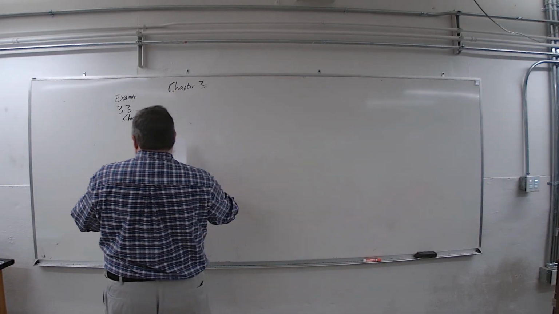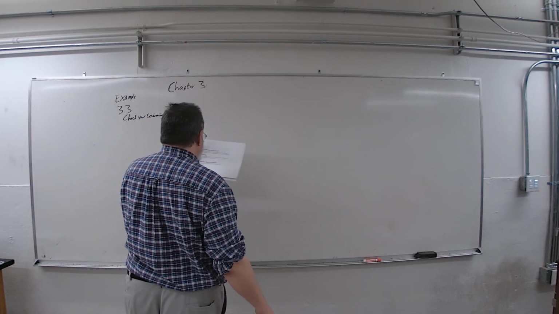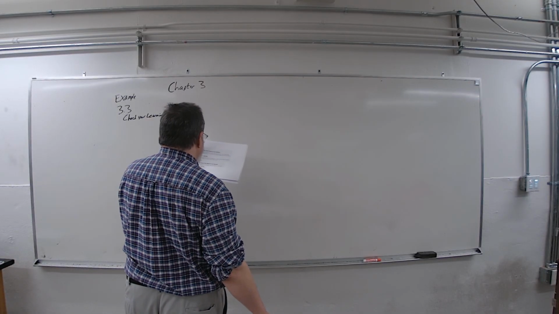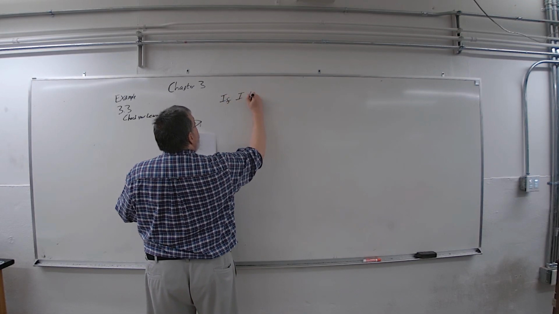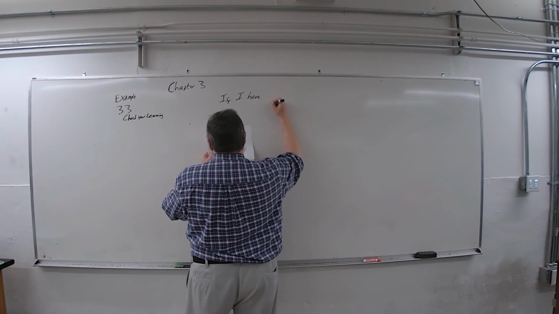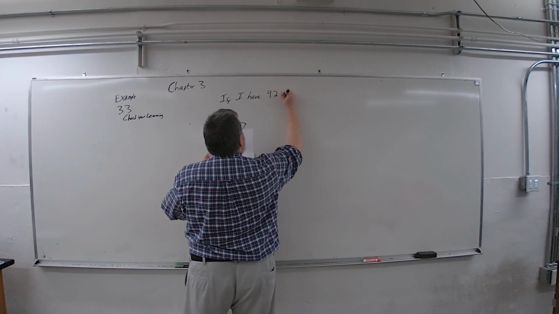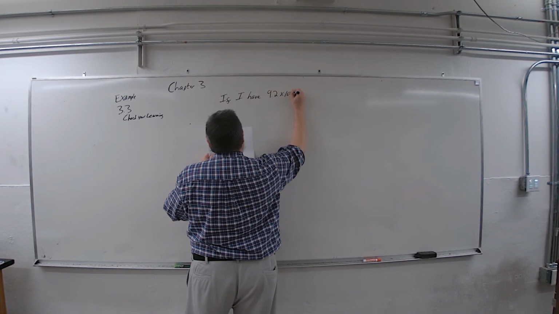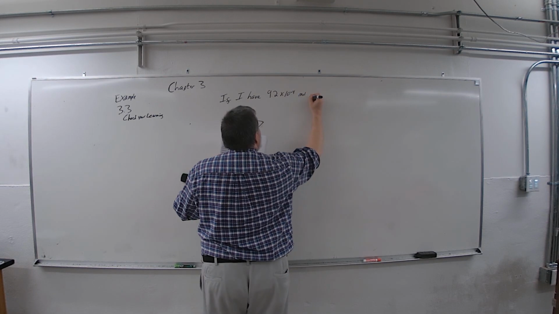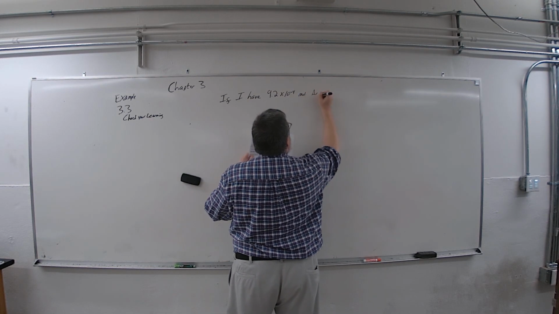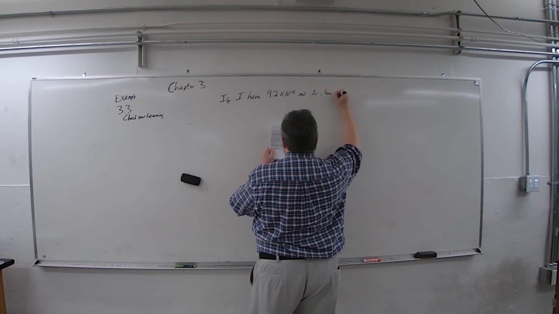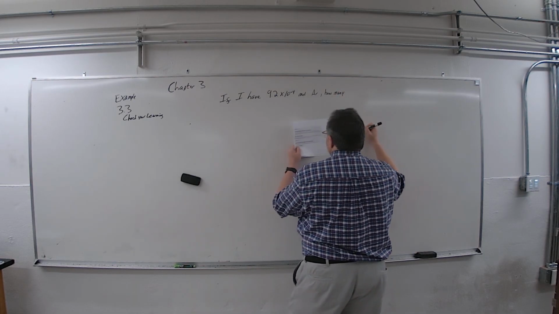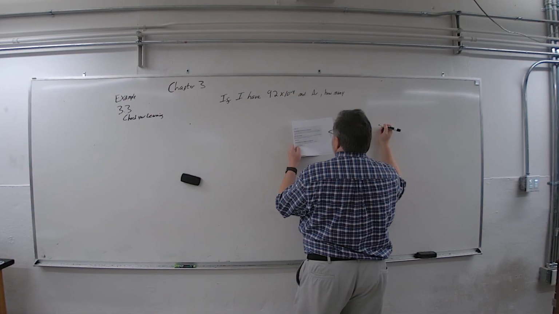A liter of air contains 9.2 times 10 to the negative 4 moles of argon. Let me write that down. AR is argon. What is the mass of argon in a liter? But mass is going to be grams here.